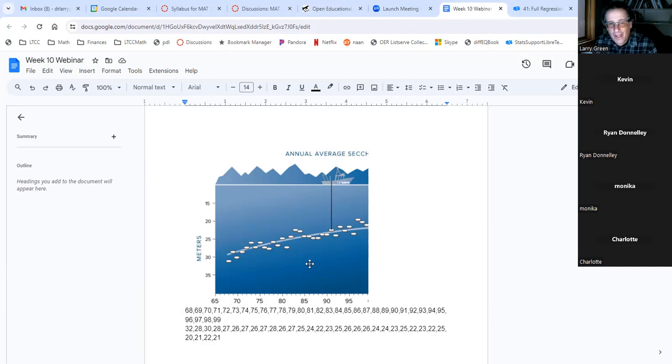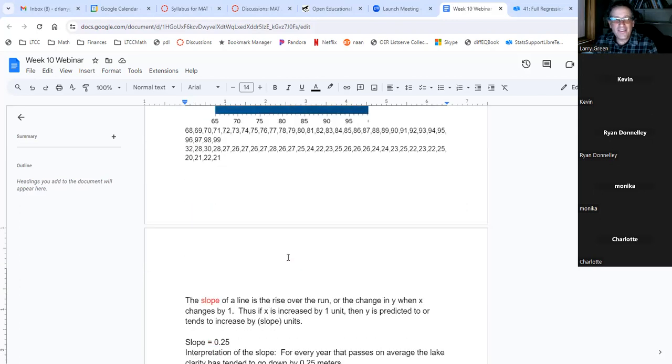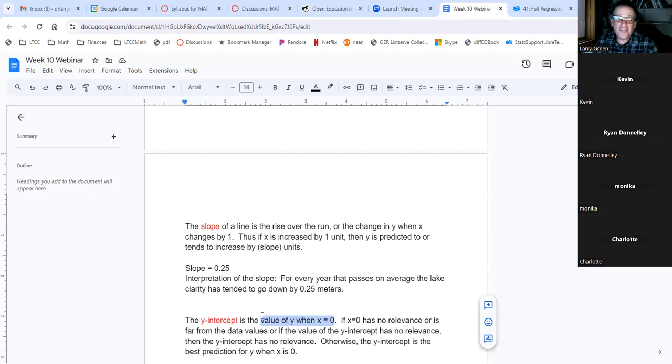Similarly, if the y value, let's say the y value was -10 instead of what we got, that would also be stupid because you can't have -10 meters of lake clarity. Right? The least amount of lake clarity you could have would be 0. Do you see? Okay, so in this case, the y-intercept wouldn't really have any relevance. Is that clear? Any questions on that?